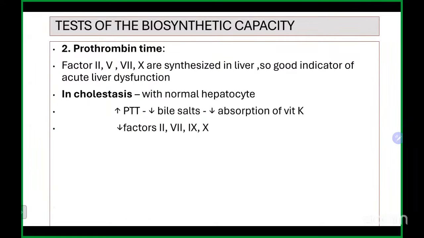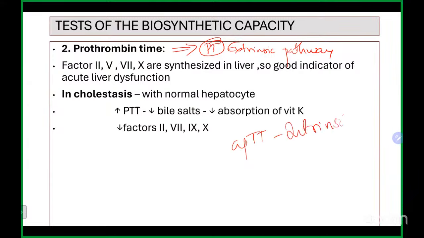The second point is PT, APTT, INR, that is your coagulation profile. PT is the sign of the extrinsic pathway. PT is short, so the extrinsic pathway is short. It tells about the extrinsic pathway of coagulation, whereas APTT is long, the intrinsic pathway is long, so it tells you about the intrinsic pathway.